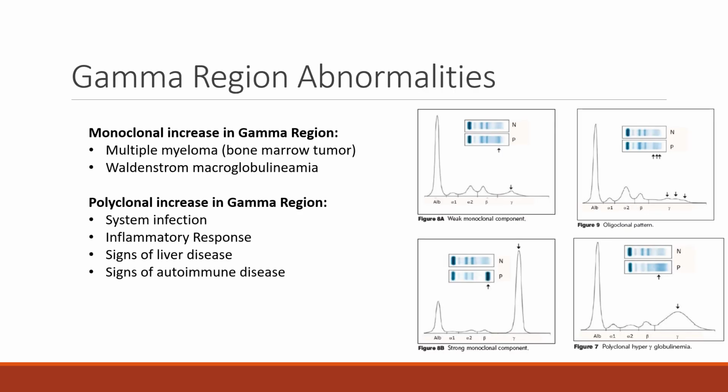The gamma globulin region is given special attention because it has everything to do with our immune system. Abnormalities in this region are characterized by two different things. You can either have a monoclonal increase in that gamma region, as seen in this figure, where we have just a single increase, or a strong monoclonal increase, which we see here in this particular figure.